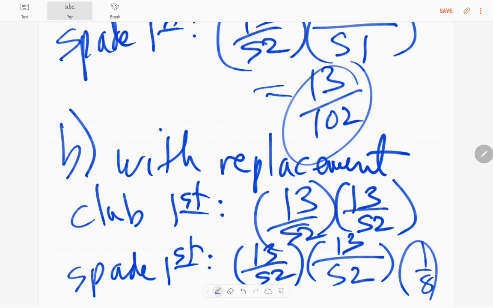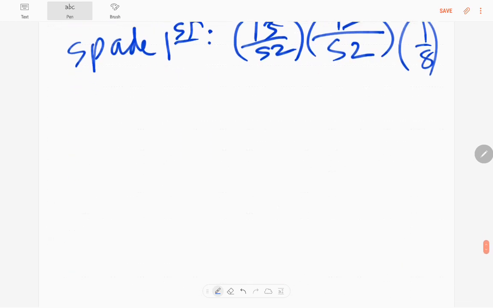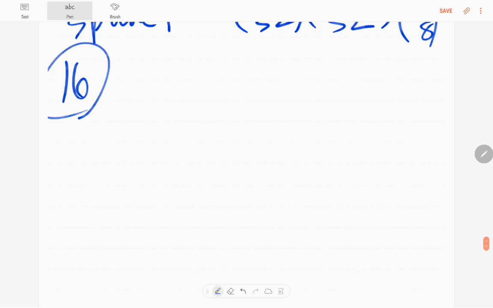Let's move on to the next one, which is number 16. A person draws 3 cards without replacement from a standard 52 card deck. Find the probability of drawing exactly 2 diamonds. Okay.